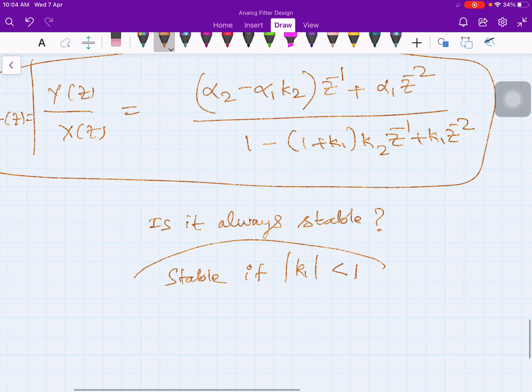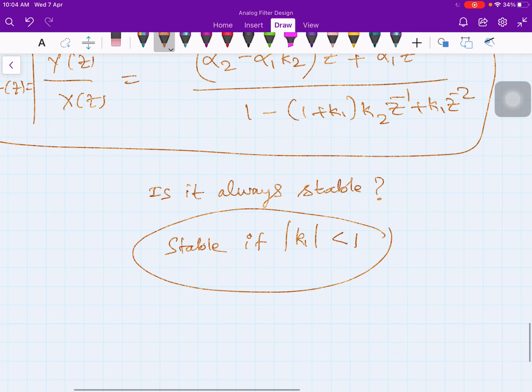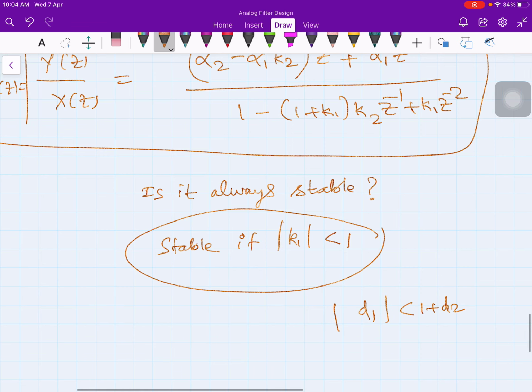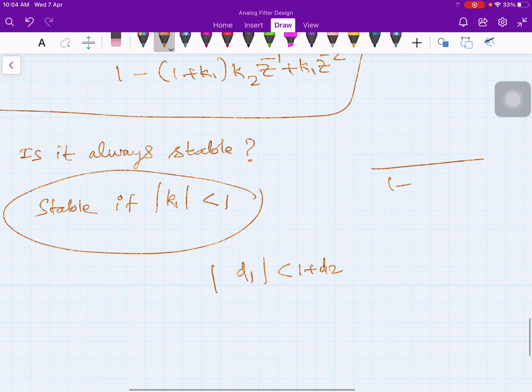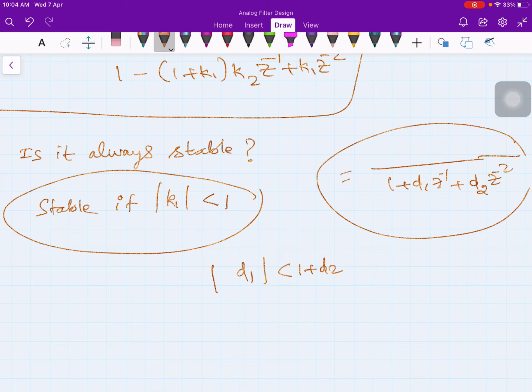The coefficient should be less than 1. I mean d1 is less than 1 plus d2. The general form is 1 plus d1 z inverse plus d2 z to the minus 2. It's a general form of a second order filter. If this filter has to be stable, then d1 should be less than 1 plus d2. This is the condition that we derived in one of the earlier lectures.